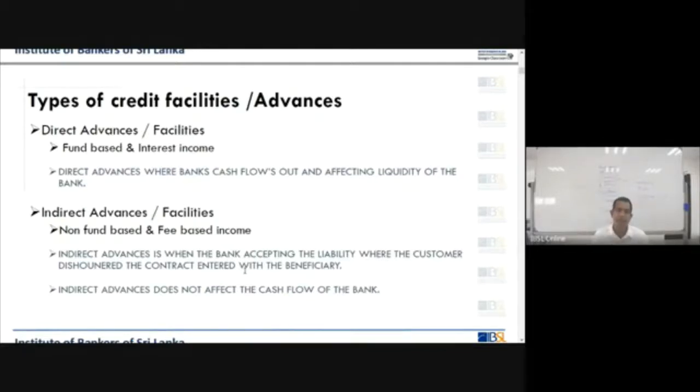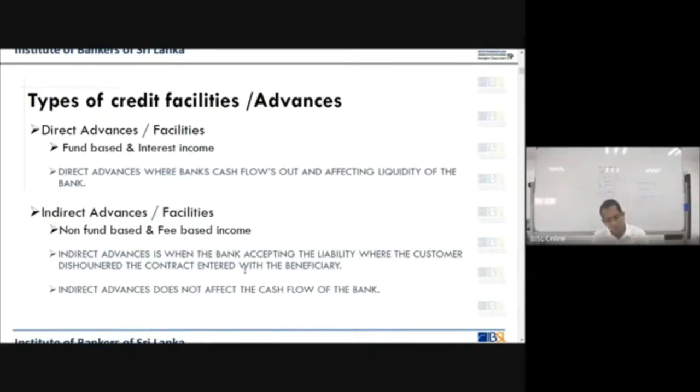Only at that time does our cash go out, right? Therefore, there is no effect on the cash flow of the bank at first instance when we are granting an indirect facility, like LC facilities, bank guarantees. All those are indirect facilities.